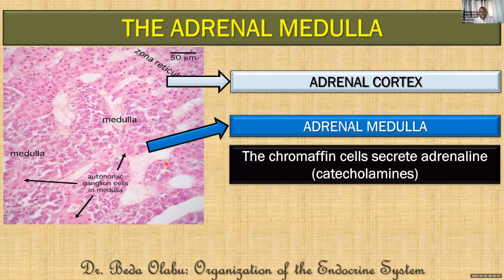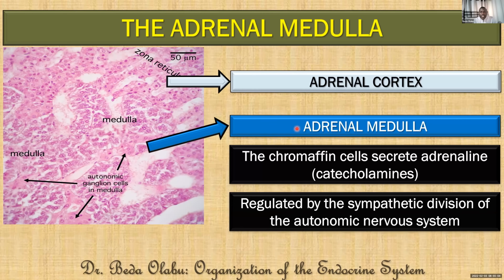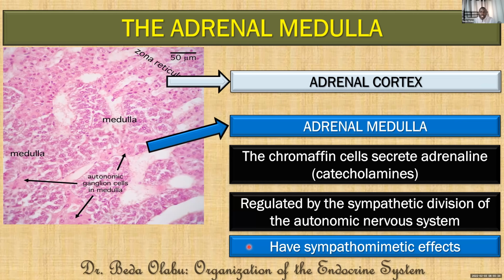The secretion of the adrenal medulla is regulated primarily by the sympathetic division of the autonomic nervous system. So the sympathetic nerves are the ones that stimulate the chromaffin cells to produce the catecholamines. The effect of these catecholamines is simply, again, to mimic the effects of the sympathetic division of the autonomic nervous system.